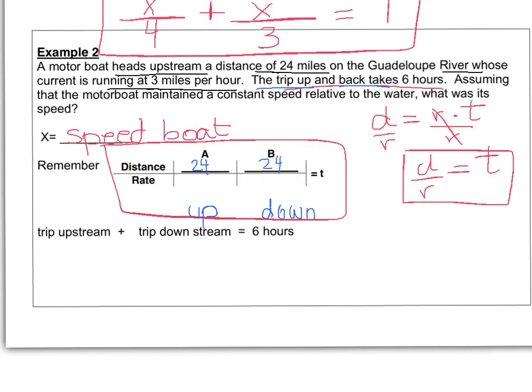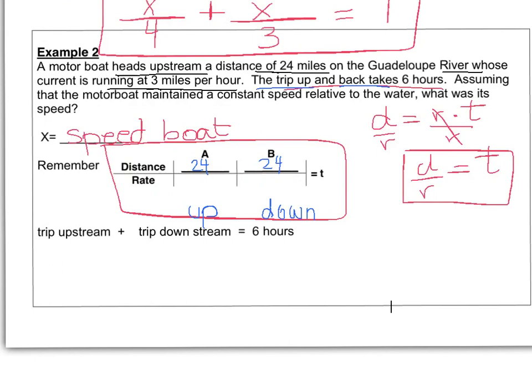Okay, now the speed of this boat, because distance over speed, we want the speed. Now let's think of it. Let's say you are swimming and you're going upstream. Usually, are you going faster or slower? If you're going upstream, it means that the current of the river is not helping you, it's slowing you down.